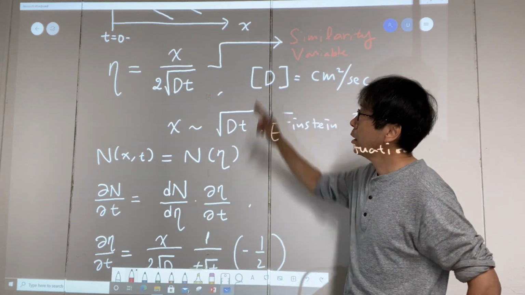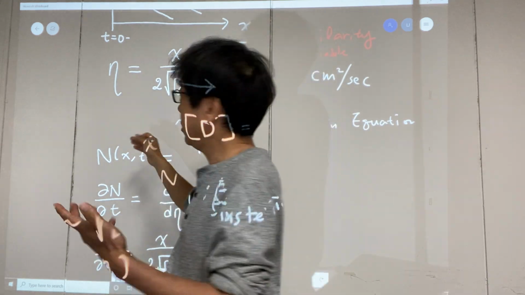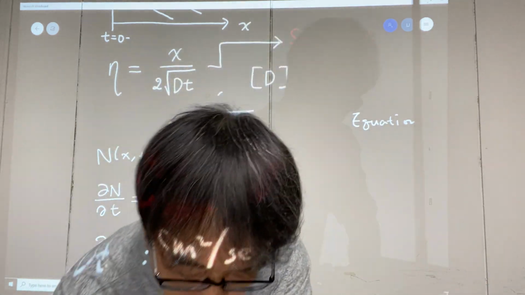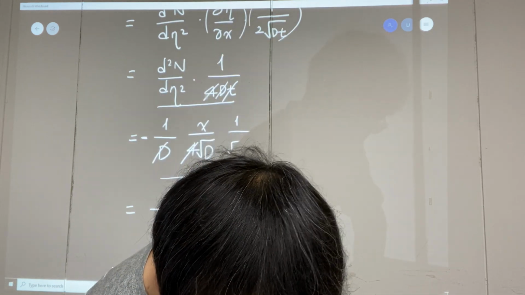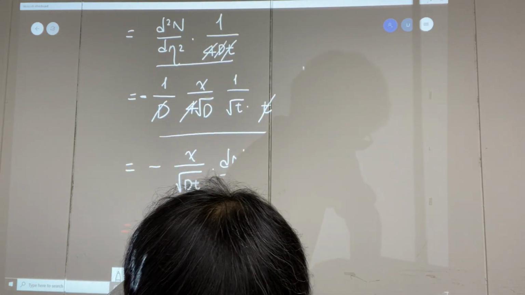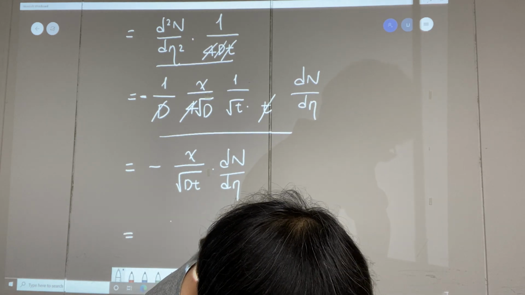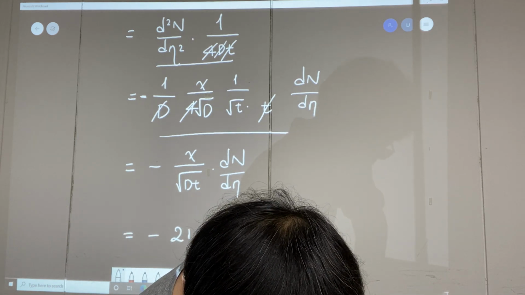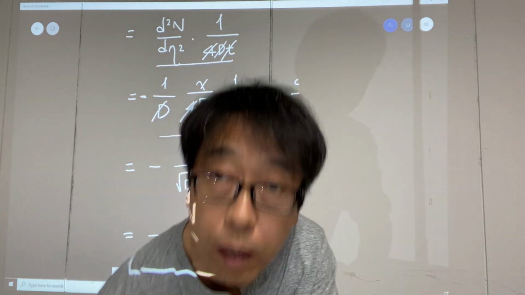So what is x over square root dt? That is twice the eta. That's how we introduce 2 here. Why is 2 important? You'll see soon. So this will be nothing but minus twice eta dn d eta.